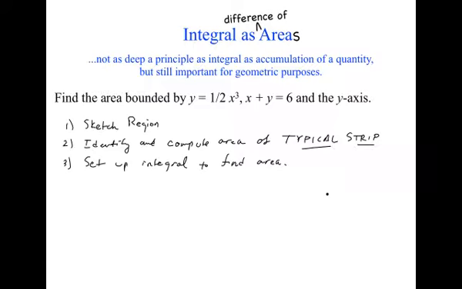That first half would be the integral of x equals cube root 2y. Alright, so let's call this point A, with y coordinate A. Then you can set up the integral from 0 to A of cube root 2y dy, plus the integral from A to 6 of 6 minus y.